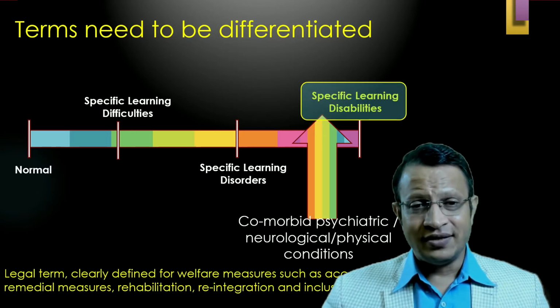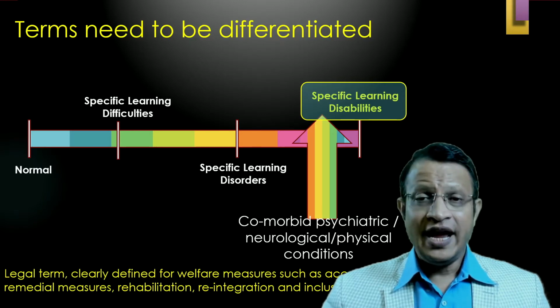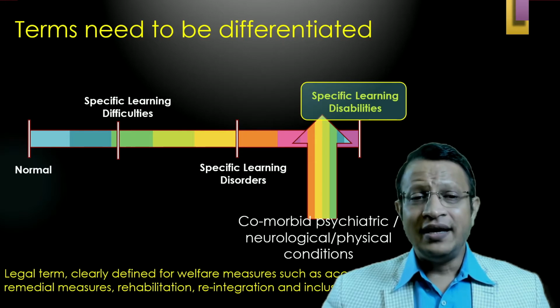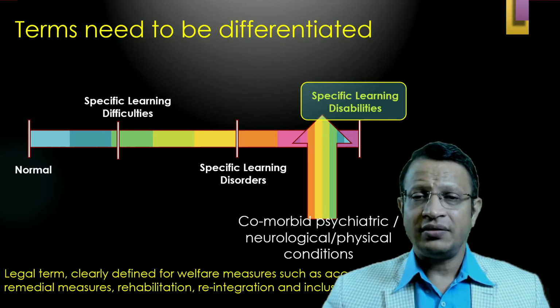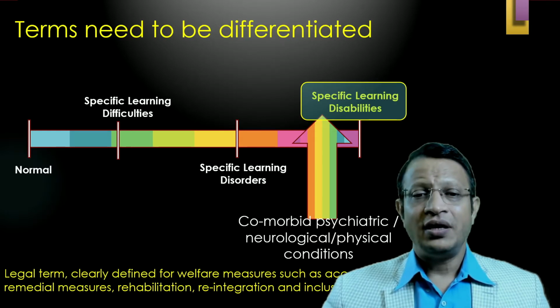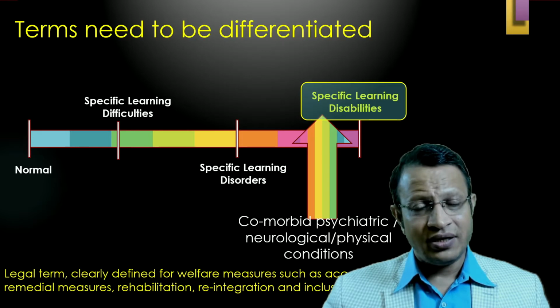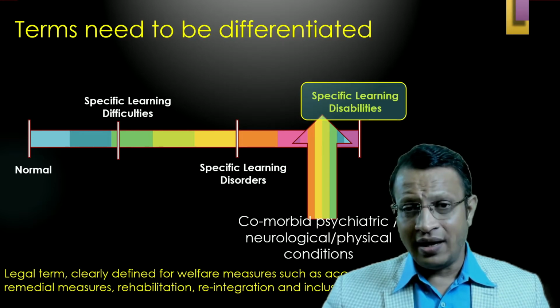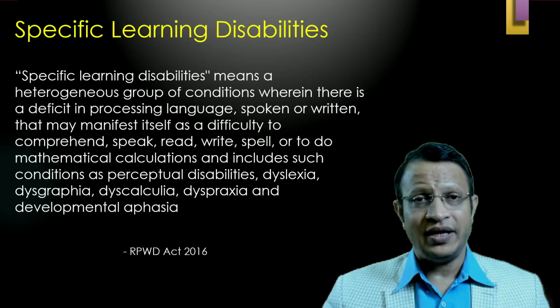Hence, that is the term specific learning disabilities. It is a legal term clearly defined for welfare measures such as accommodation, rehabilitation, remedial measures, and also reintegration, to include the child in current academics. That is the reason it will be considered as specific learning disability also.